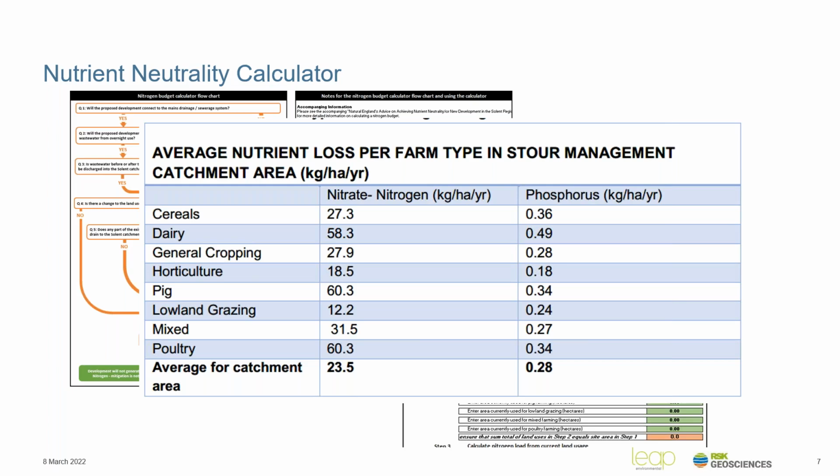And you can see very quickly that, say, for a poultry or a pig or a dairy farm, the nitrate loadings are much higher than, say, for lowland grazing or horticulture, which is a really important consideration when you think about having to compare the existing conditions against your proposed development. So the higher the loading to begin with, the more chance you have of achieving nutrient neutrality through your design.